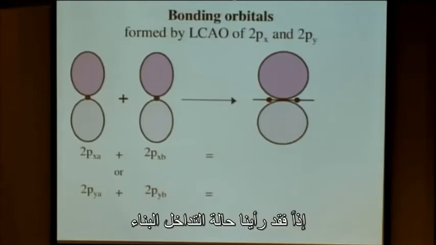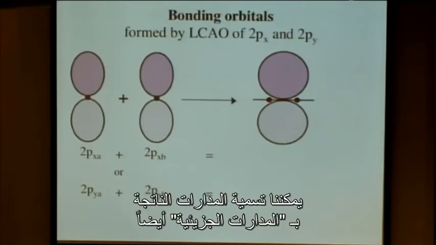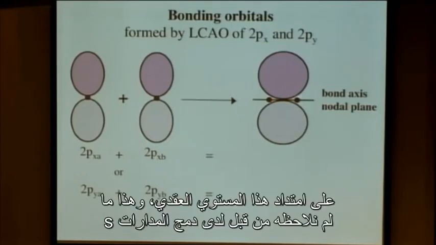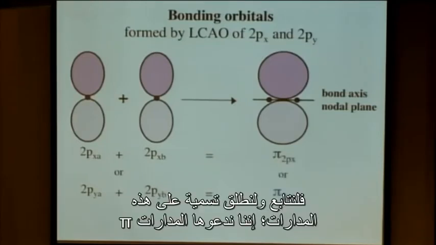So we saw constructive interference. Again, we can name these molecular orbitals, and we should point out there is now a bond axis along this nodal plane, which is something we didn't see before when we were combining the s orbitals. So when we go ahead and name these, we're going to call these pi orbitals.